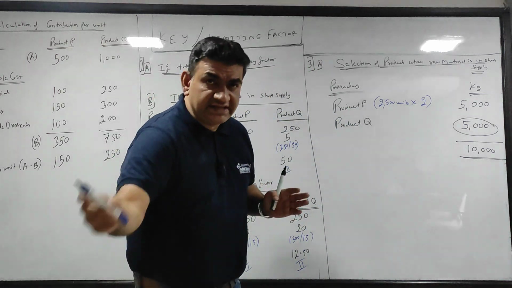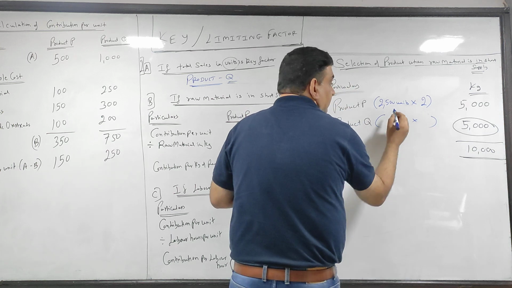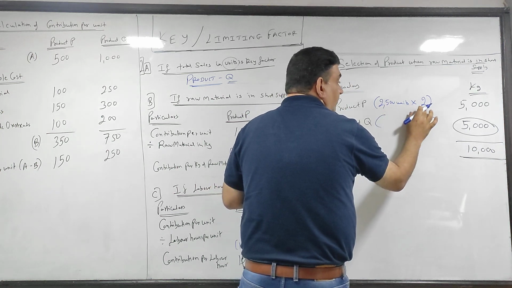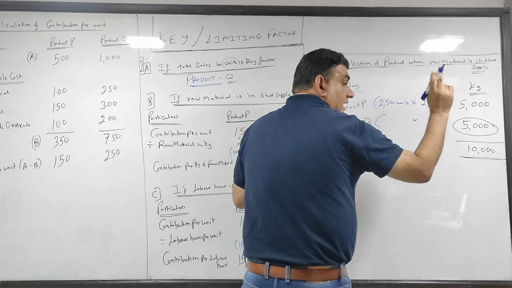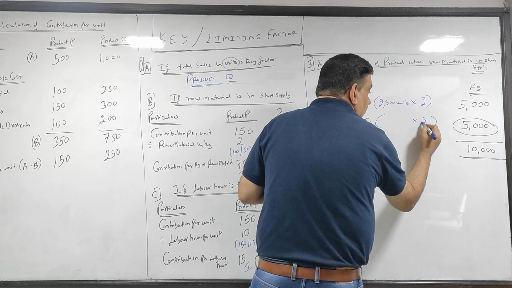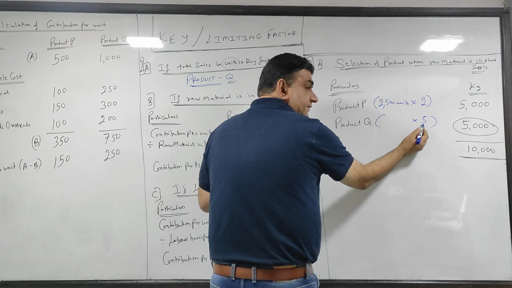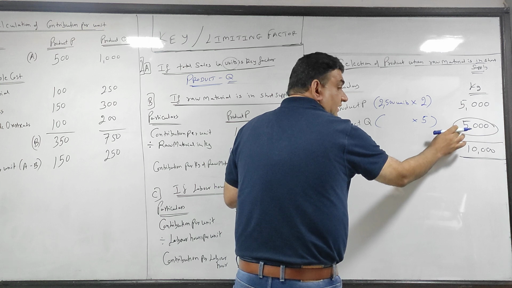So now what I will do guys, I will make a bracket for your convenience. ये क्या किया? 2.5 into 2. नाउ ये 2 से मल्टीप्लाई किया. एक यूनिट के लिए 2 किलो मटेरियल चाहिए. तो अभी यहां पे मुझे एक यूनिट के लिए कितना चाहिए? 5. So I cannot use more than 5,000 kg.